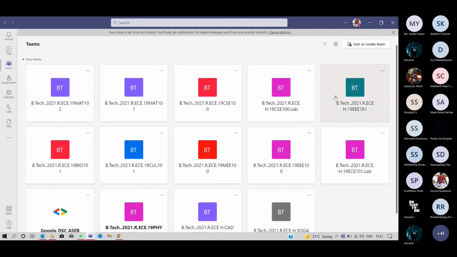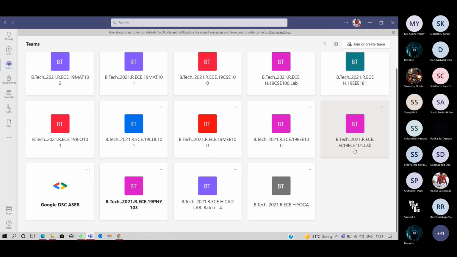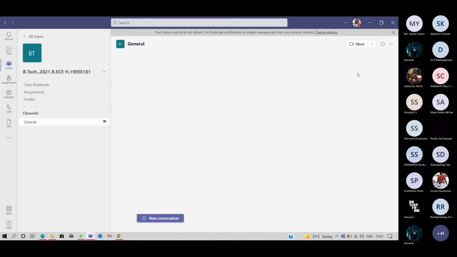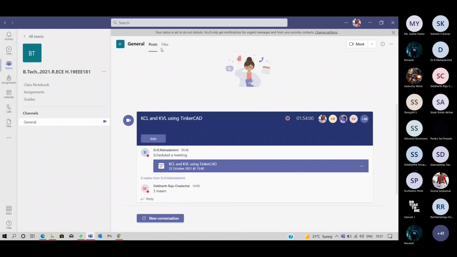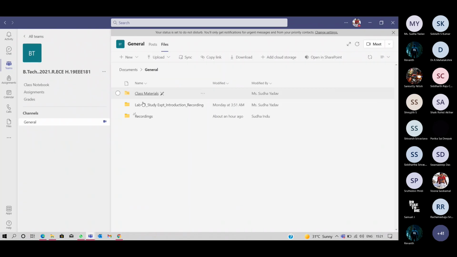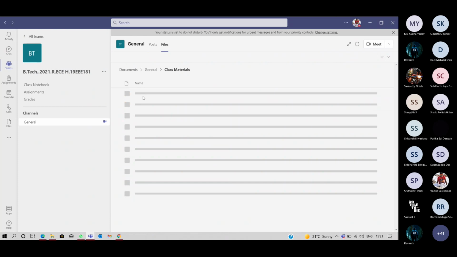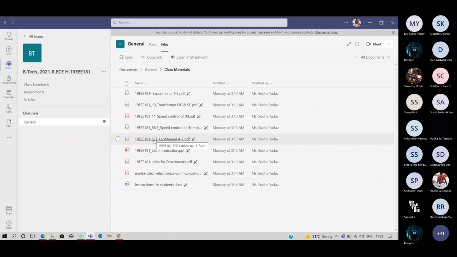Where is this class? H section 181. See, go to files, class material. Everything is there, okay? Then you can go to general.